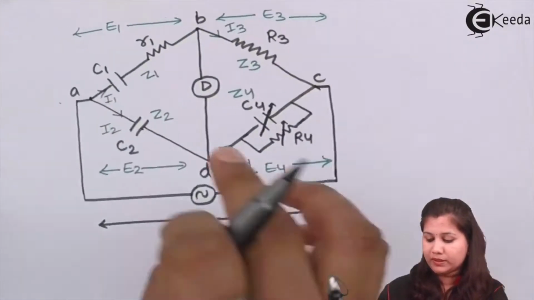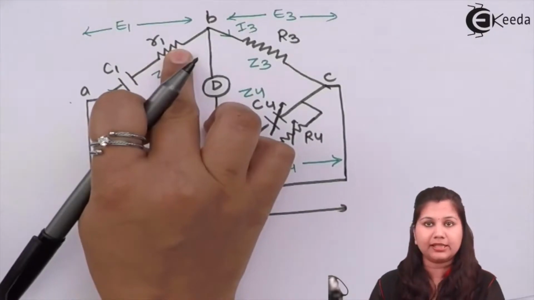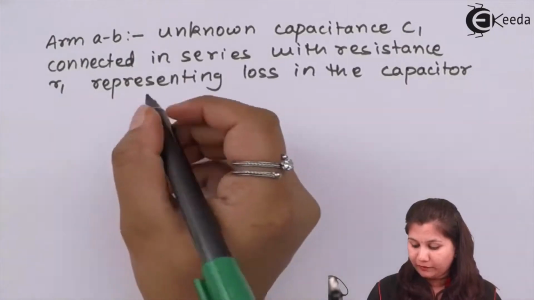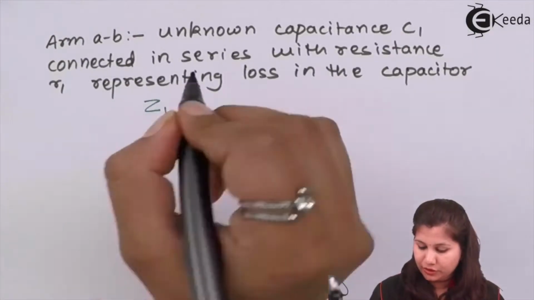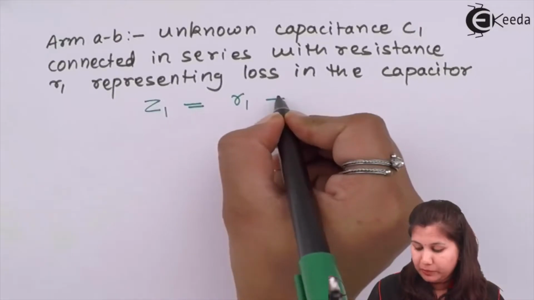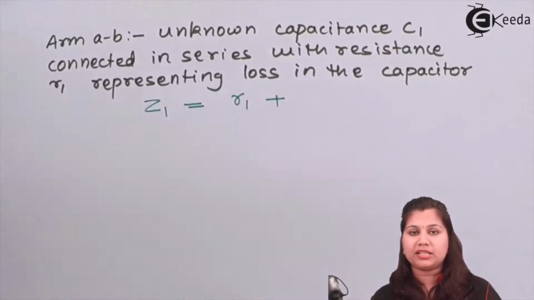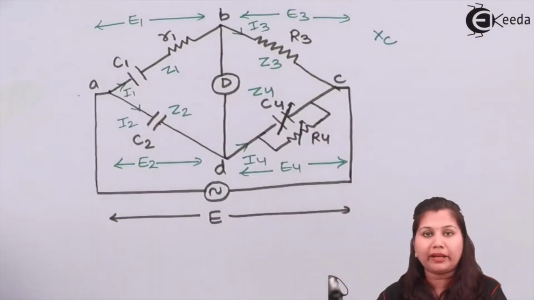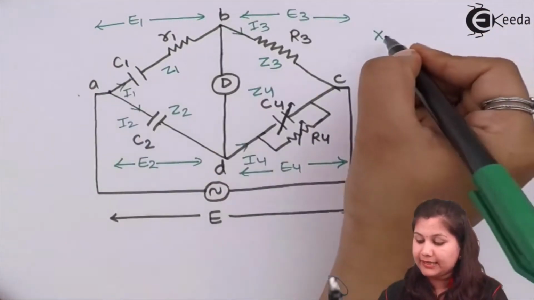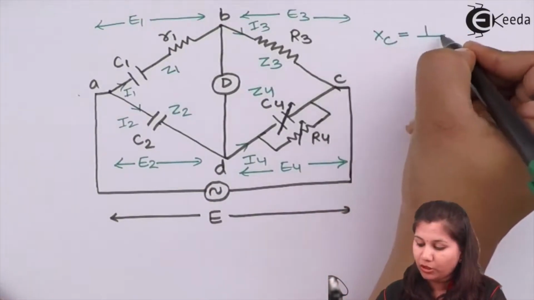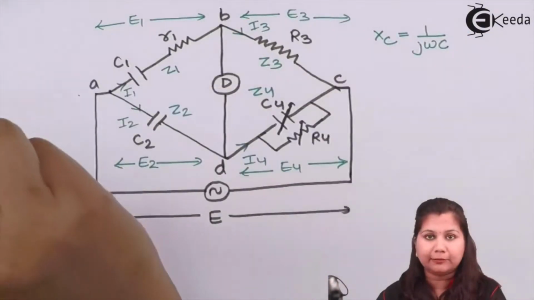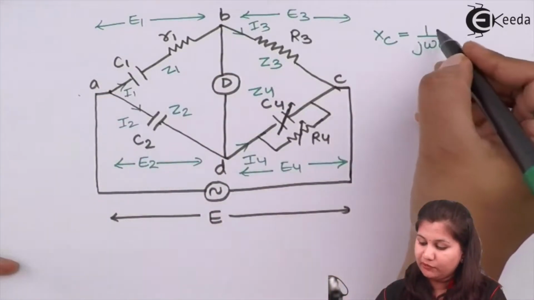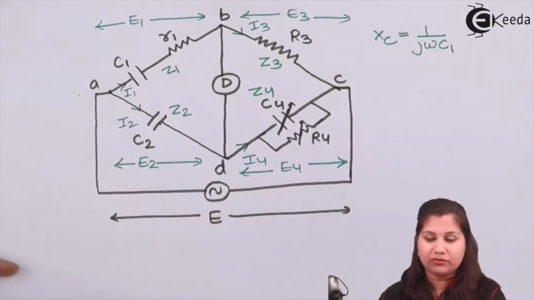So arm AB was the unknown capacitance C1 connected in series with the resistance small r1. So our impedance Z1 will be equal to the series combination R1 plus the capacitance, which is represented by the capacitive reactance Xc, and the value of Xc is 1 upon j omega C. Here the capacitance is C1, so Xc will be 1 upon j omega C1.